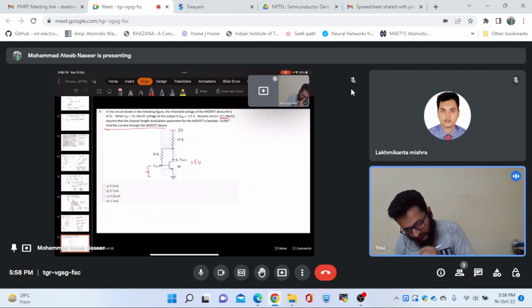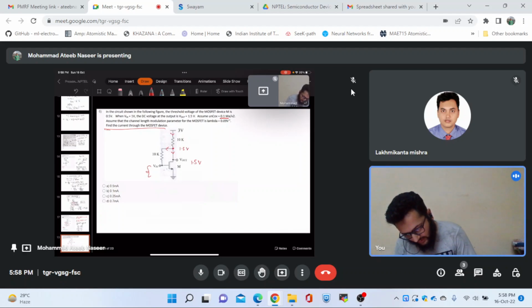Let us use simple KCL. Current in this will be current in this plus this. So if I write down this KCL, this voltage over here is V naught is 1.5 volts.